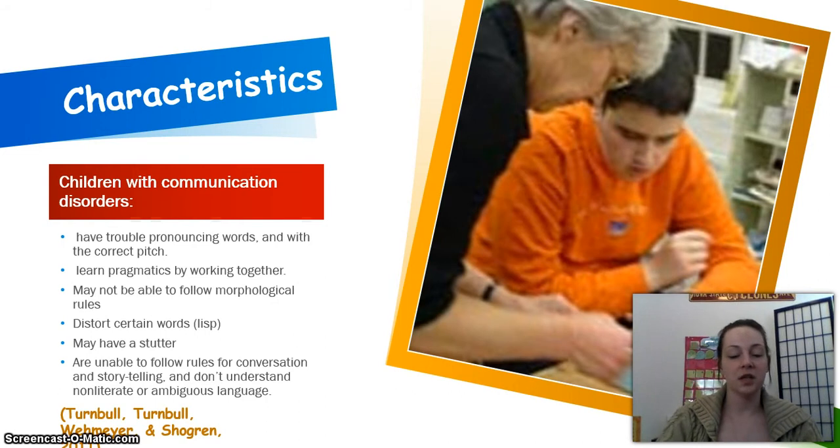In many cases, this type of disorder will not affect their ability to be successful academically or socially. However, in more severe cases, they will have a hard time keeping up with conversation, being able to read aloud in class, or they may not be able to follow morphological rules, meaning they're not able to form words and use them in relationship to other words.